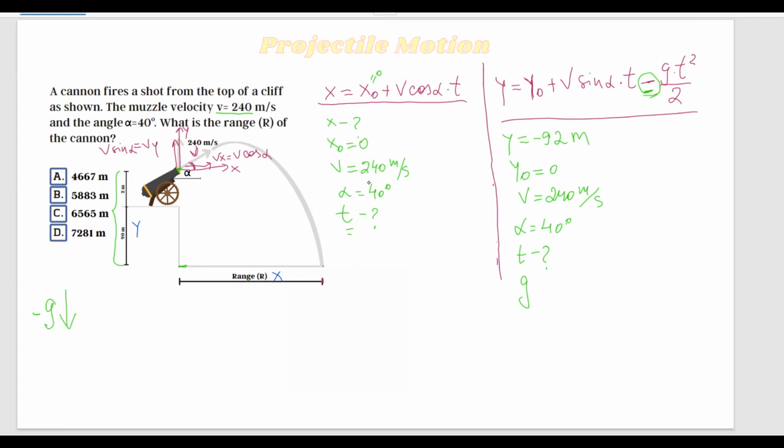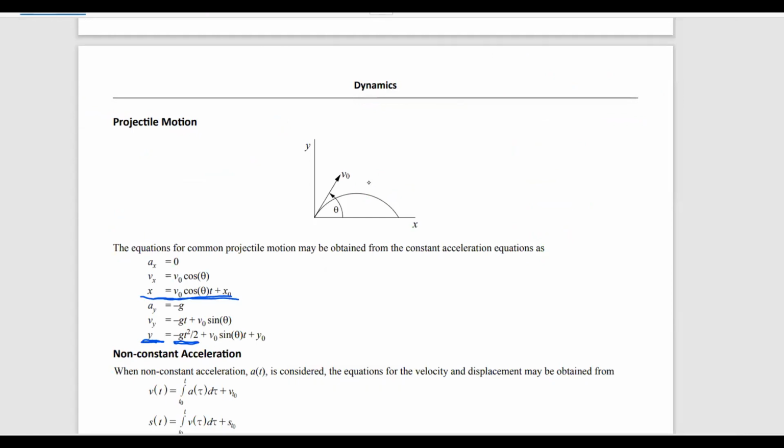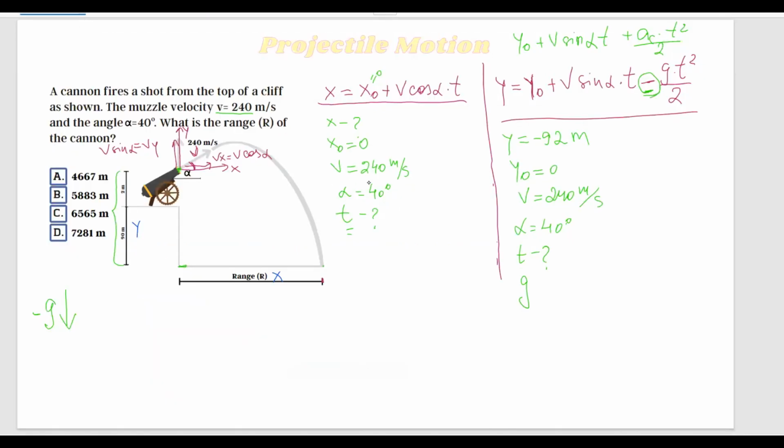Because usually you see this formula written as y0 plus v sine alpha t plus acceleration multiplied by t squared over 2, and then you have to write down that the acceleration equals gravitational acceleration, and it's negative due to the fact that it goes upward. So you add this minus. Now, the FE handbook already considered that for you, so you don't have to think about that. So g is going to be equal to 9.81 meters per second squared. And t, we said we don't know.